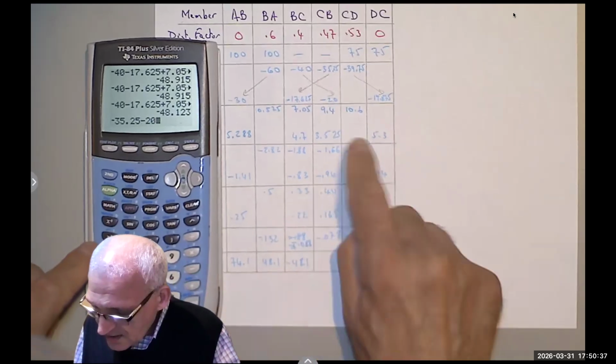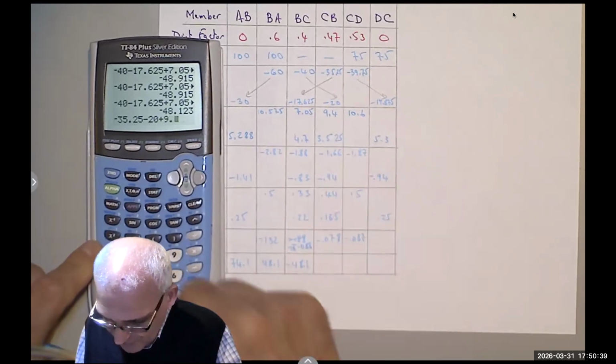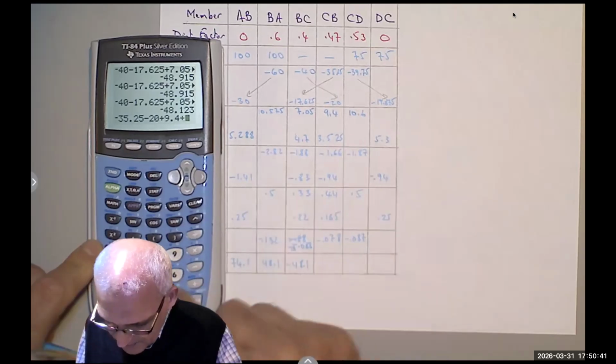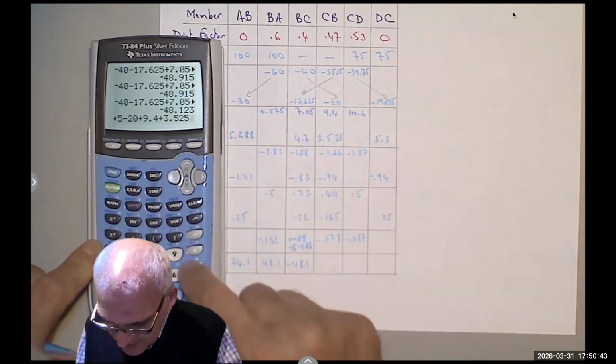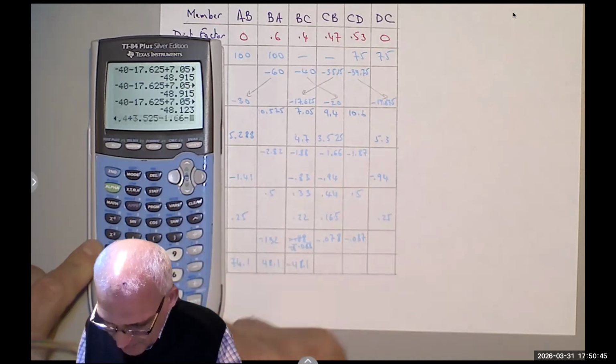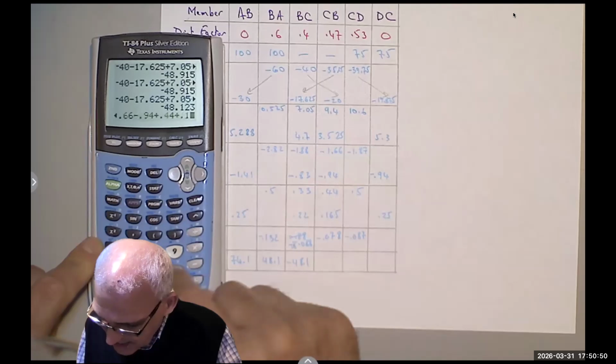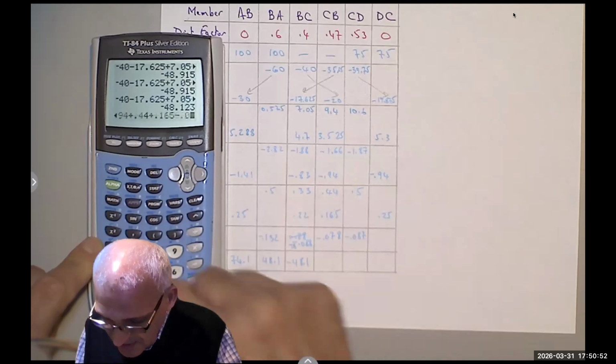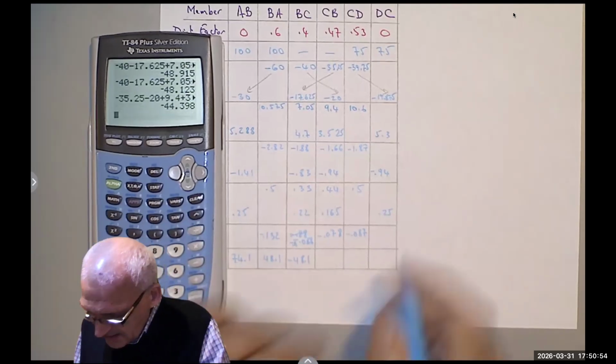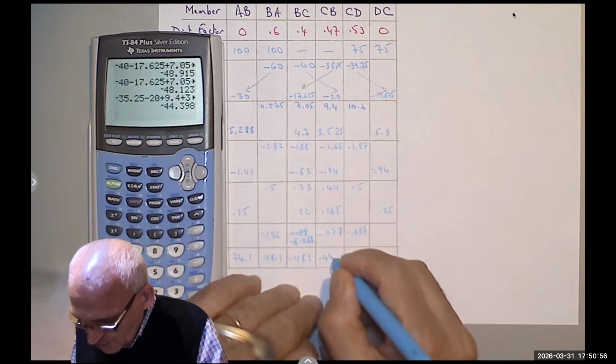Minus 20 plus 9.4 plus 3.525 minus 166 minus 0.94 plus 0.44 plus 0.165 minus 0.078. It's negative 44.4.